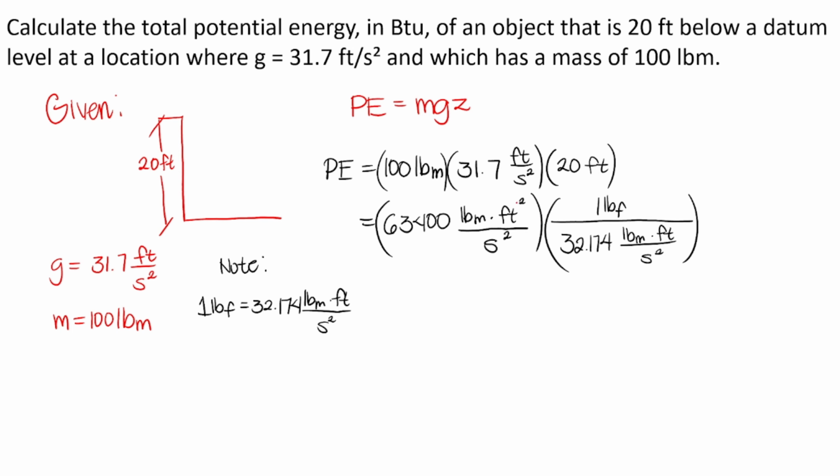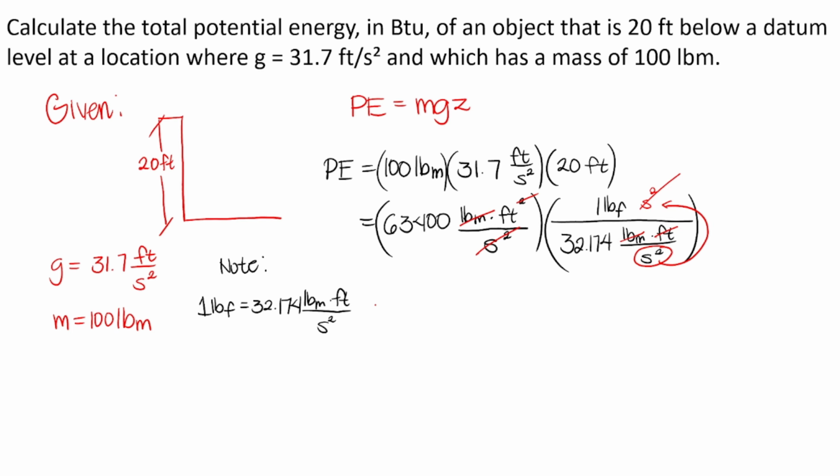So, shing, may natirang isang feet. And again, itong second squared, since nasa denominator, tataas to dito sa numerator and this will cancel. Shing. Anong natira? Ito pa pala, pound mass. Tanggal din yung pound mass. Ang matitira is may isang feet at pound force.